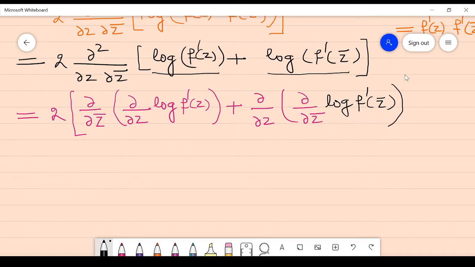This entire term is in bracket. So this can be written as 2 times ∂/∂z conjugate.